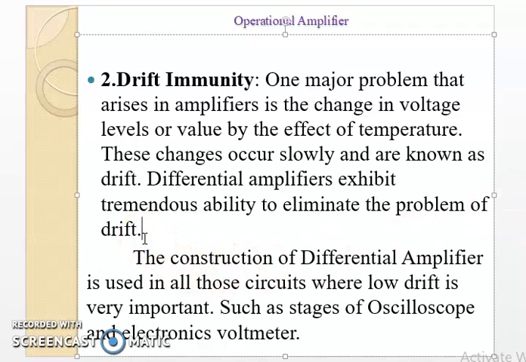In our day-to-day life also, suppose you take any conductor and apply a potential difference across it, then surely current flows through it.